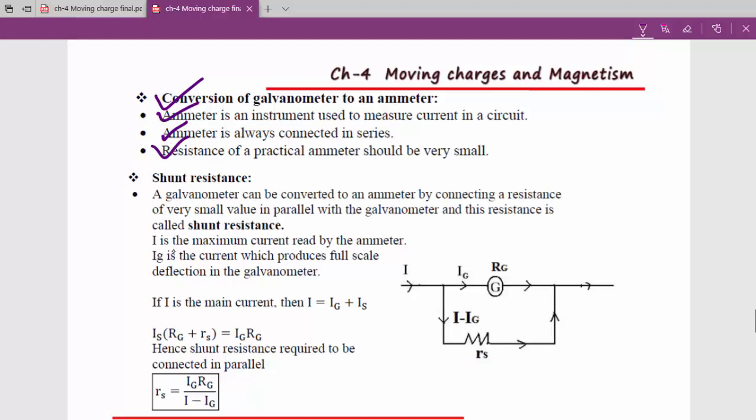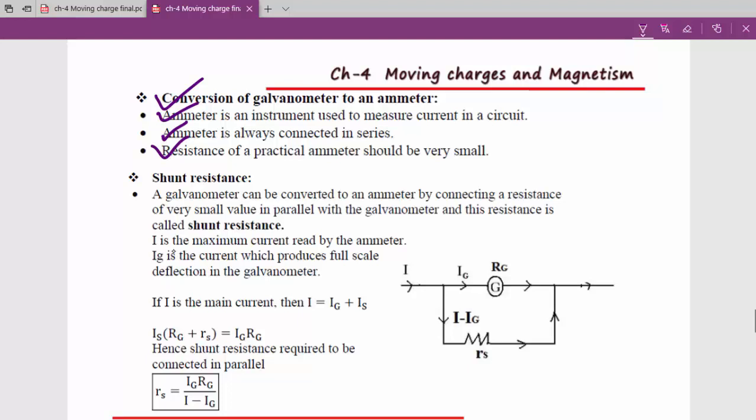Once again, an ammeter is always connected in series with the components, not parallel, because series indicates that the current in the ammeter and the current in the component must be the same. And the resistance of the ammeter should be very low, it should not oppose.